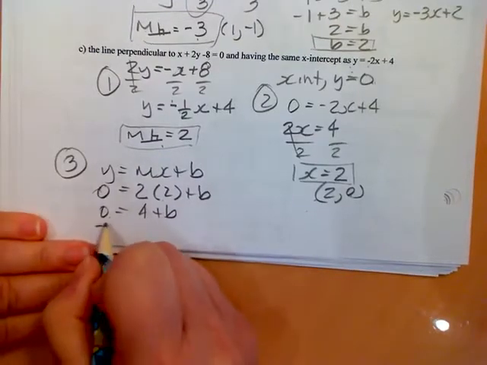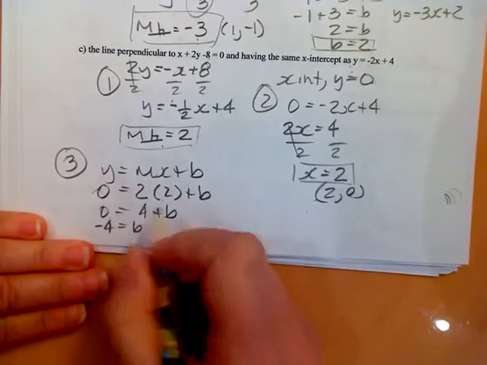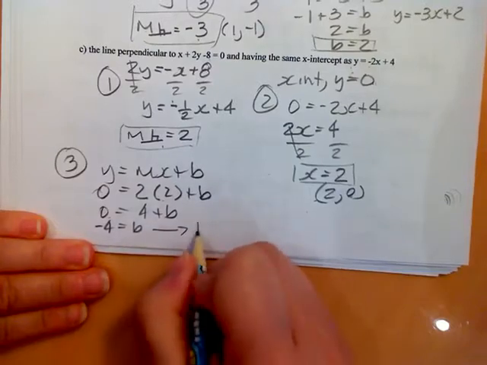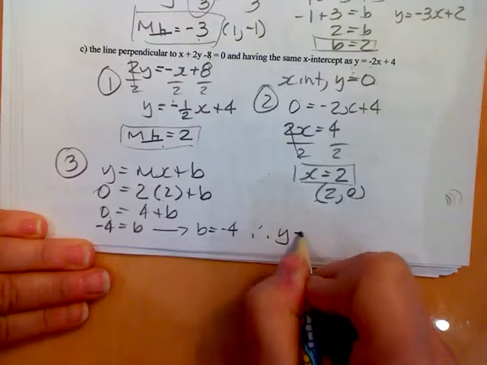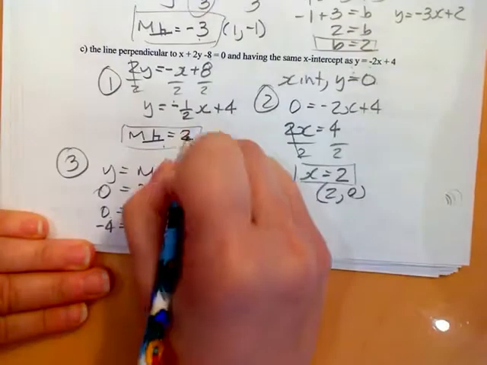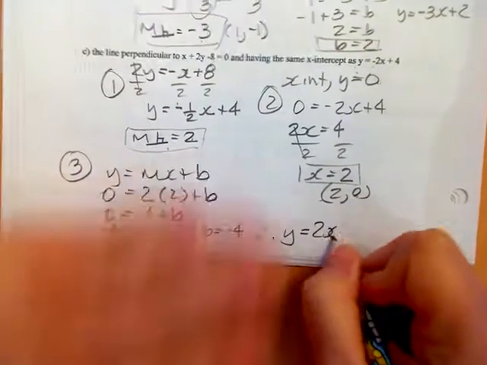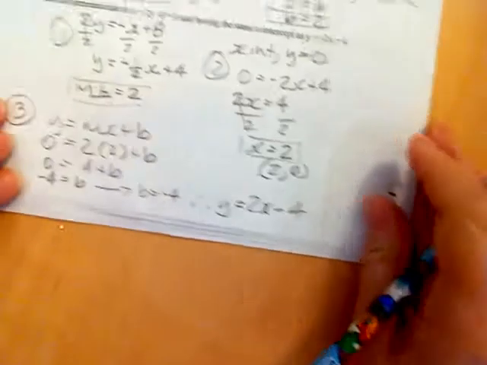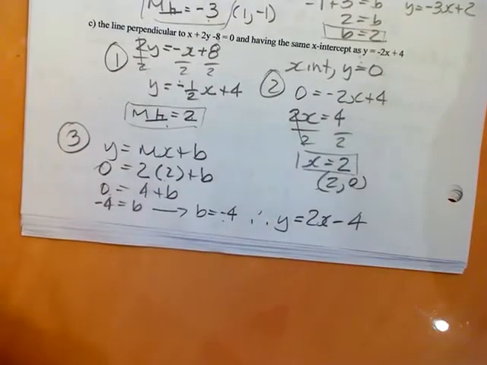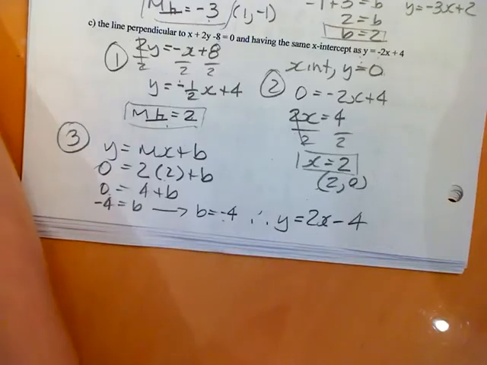So negative 4 equals b, so b equals negative 4, and therefore my equation is y equals 2x minus 4. So again, they will always give you the slope and a point if they are looking for you to tell them what the equation of a line is, or they'll give you enough information to find the slope and a point.